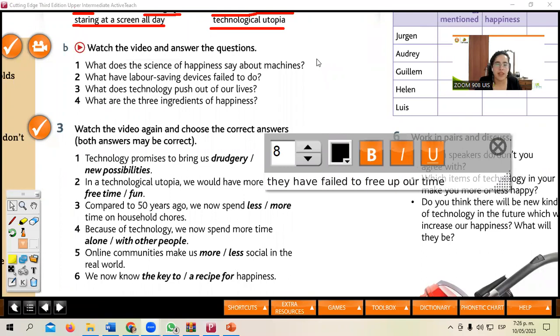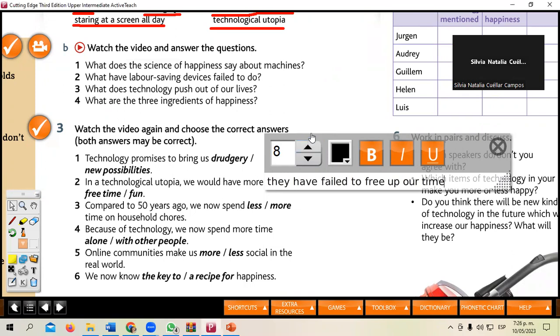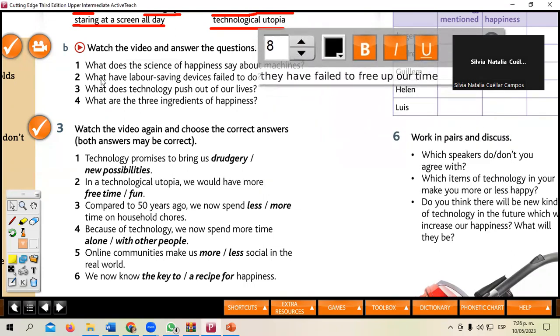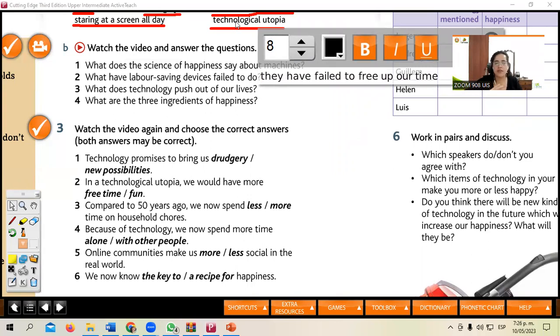Very good. Okay, number 3, maybe we can listen to Silvia. Teacher, I guess it's the human contact. Yes, this technology pushes out or takes out human contact from our lives. Good. And the last one, what are the 3 ingredients of happiness?